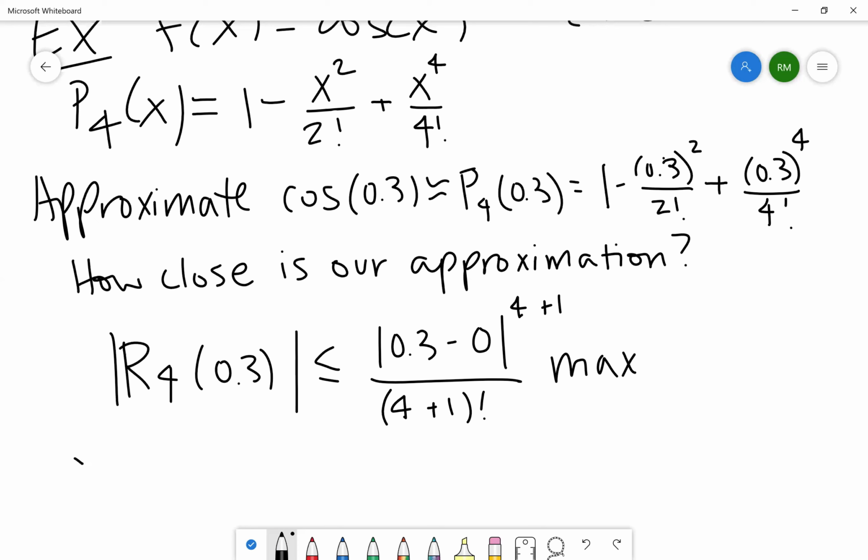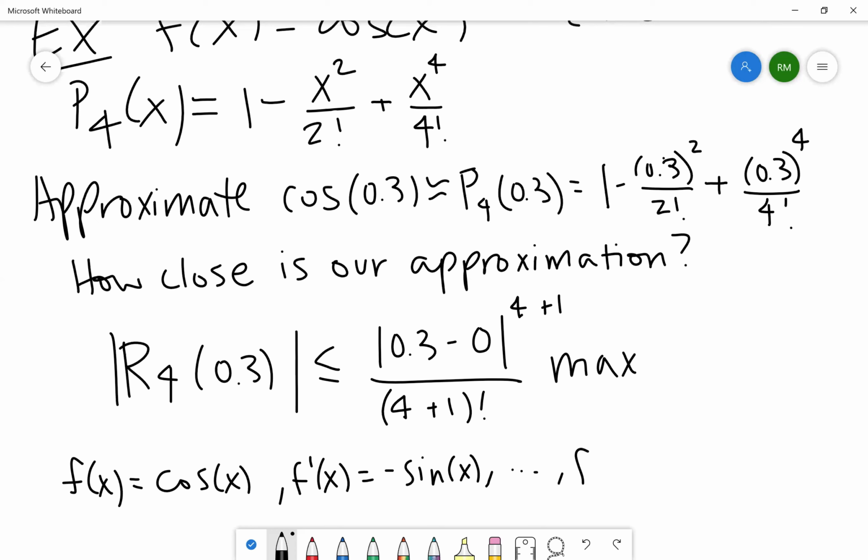So we know that f of x is the cosine, f prime of x is the negative sine, and so f, the fifth derivative, is the cosine, excuse me, sorry, my mistake. I was right the first time.